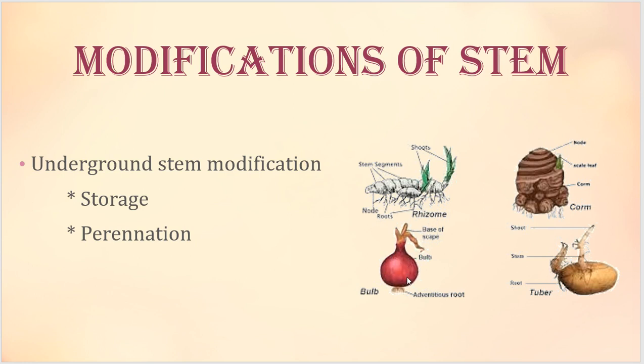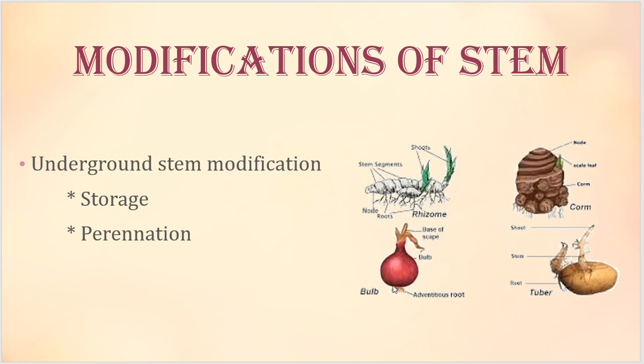From the axil of the fleshy leaves, axillary buds are produced later, which will be responsible for perennation. The dry scaly leaves are protective in function. The stored food material will generally be starch, but not in onion. In onion, the stored food material is not starch.